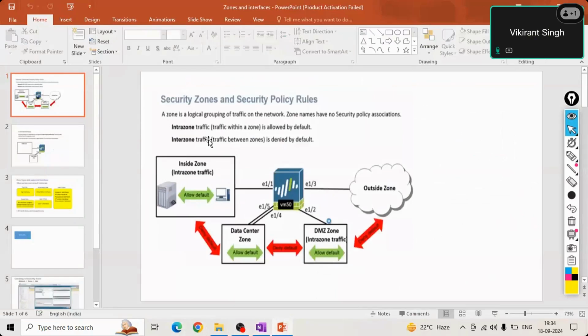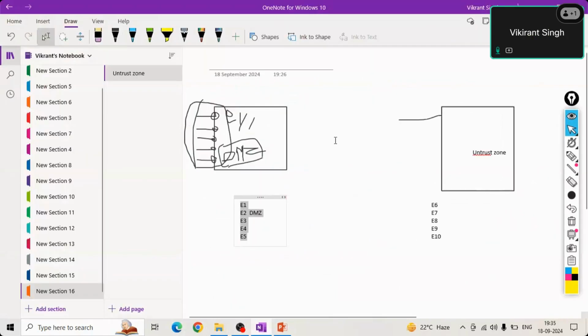So let's go here. A zone is a logical grouping of traffic on a network. Zone names have no security policy association. So what I'm trying to say here is, for the same security zone, there is no security policy. Let me just show it here.